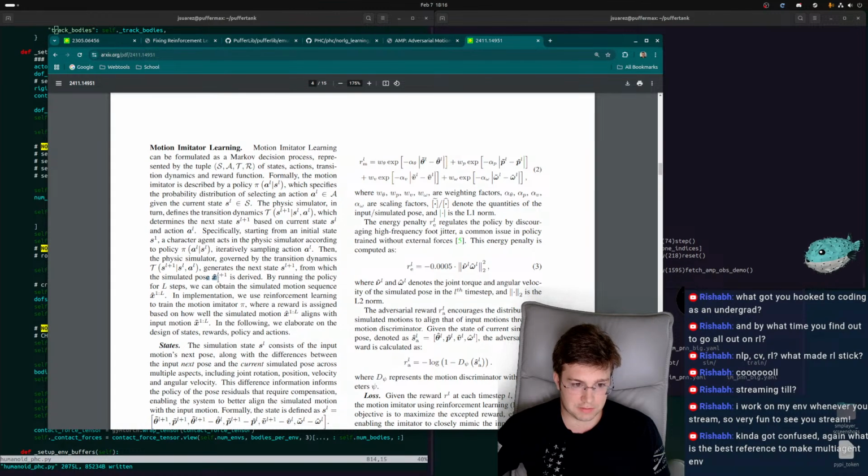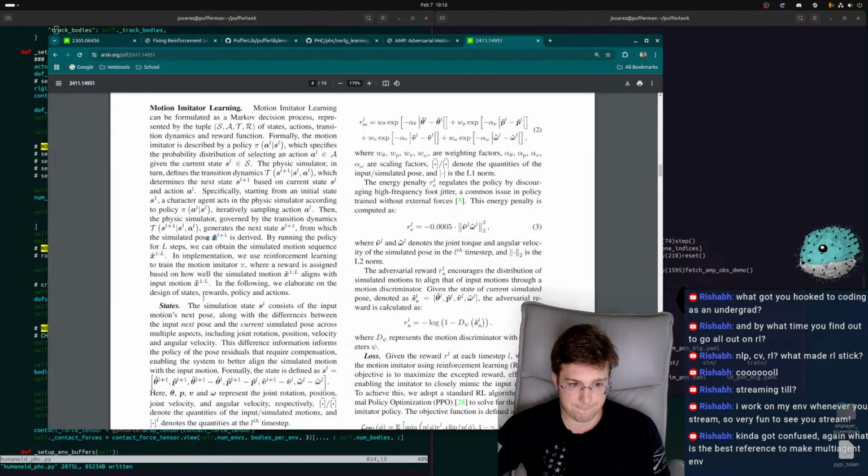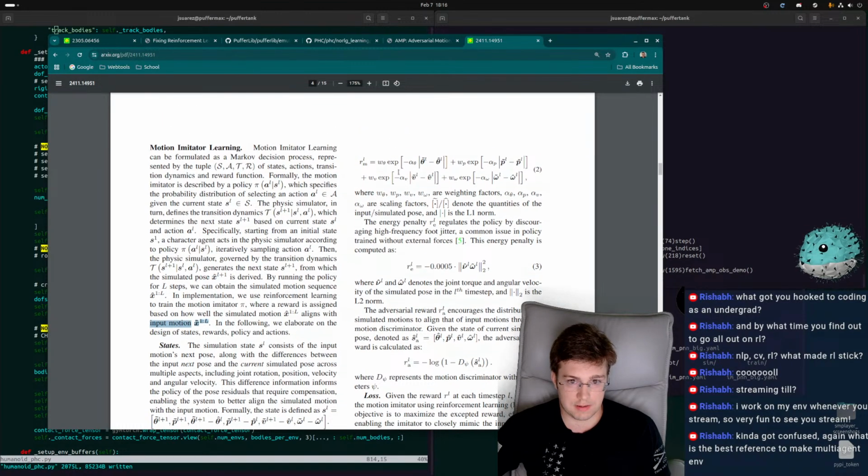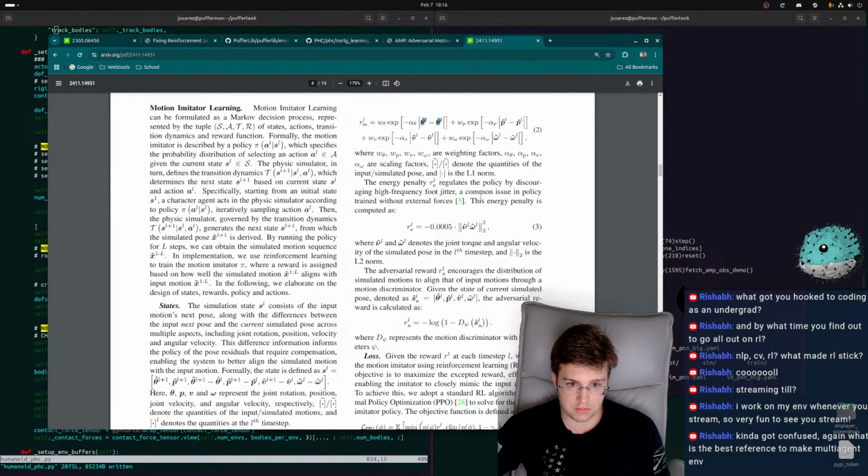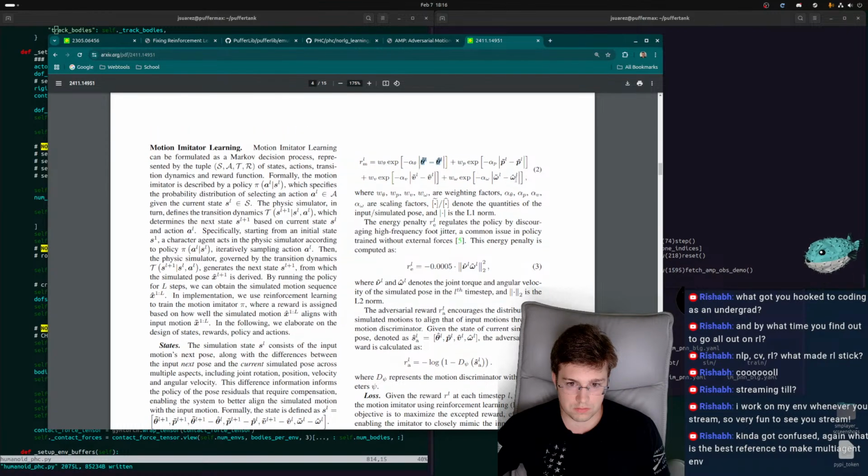Simulated pose x hat. Okay, so then the input motion refers to the demo data. So that's here. So this is this first loss. And then you have P. Okay, so you have this loss.